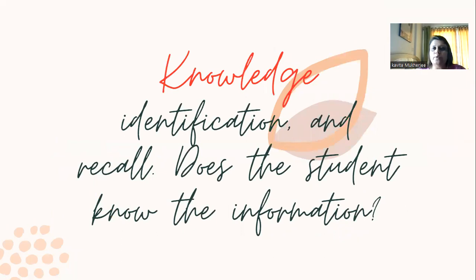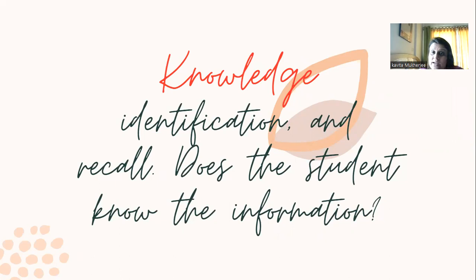To start with knowledge: knowledge is whether the student is able to recall the information. Knowledge is without understanding. When you learn something, when you have not understood it, but you have just mugged it up, you have just learned it blindly, that is called knowledge.